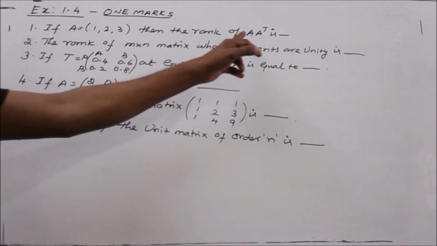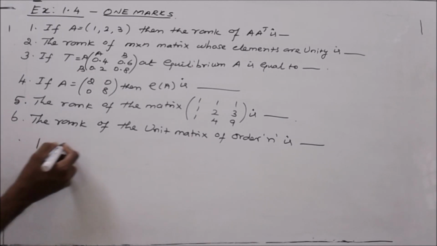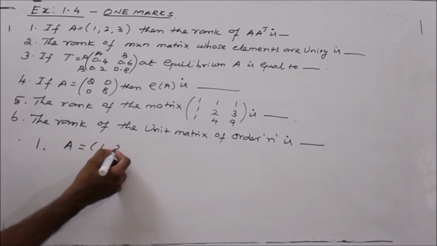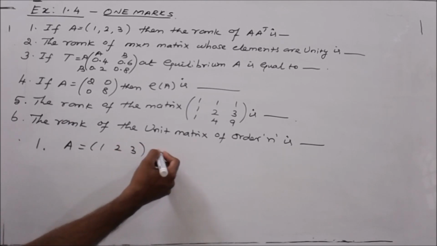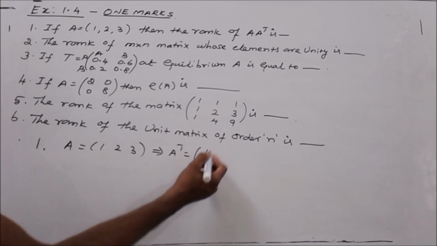Now how to find the rank of A transpose? A is given as 1, 2, 3 and it implies A transpose is 1, 2, 3 as a column.